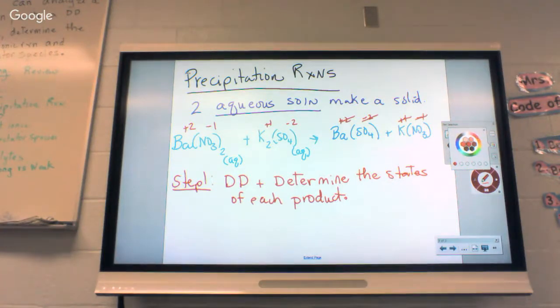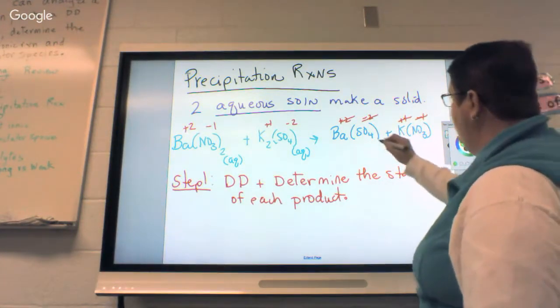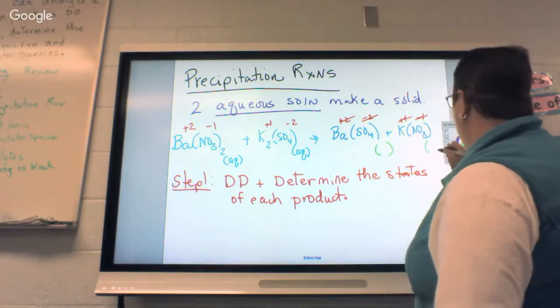If you were taking an AP class, you might get 2 solids, you might get 2 aqueous, but because you're in a first year class, you will be guaranteed to get 1 solid and 1 aqueous. Nobody's going to try to trip you up and give you 2 solids or 2 aqueous. Okay? So, using your trusty chart, tell me what the states are.